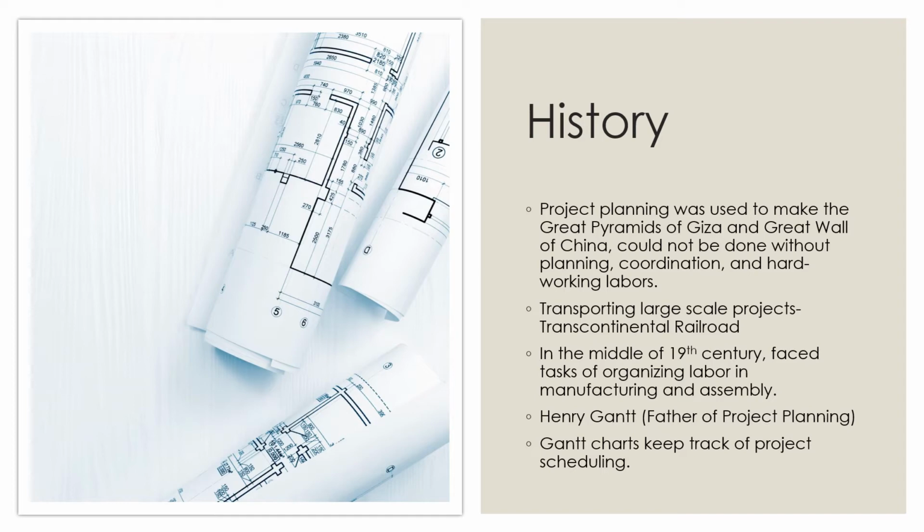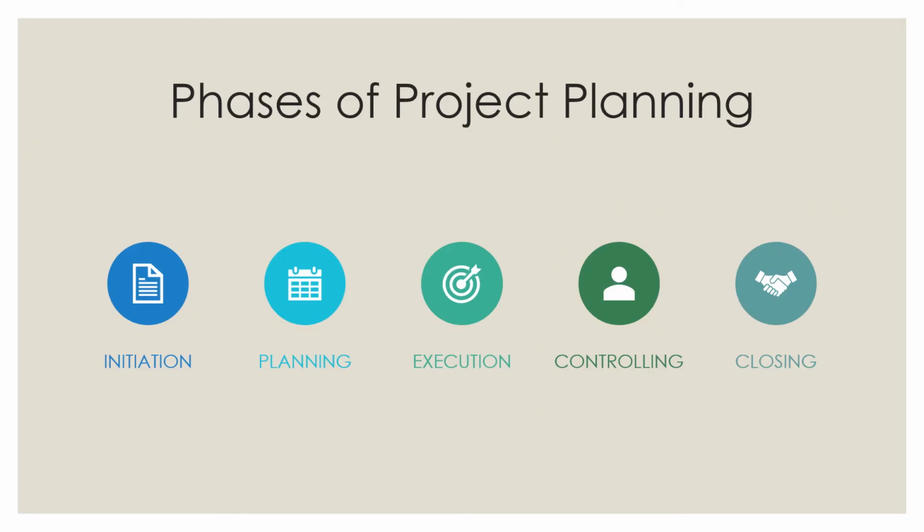He's best known for creating his self-named scheduling diagram, the Gantt chart, and it was a radical idea and innovation of worldwide importance back in the 1920s. So yeah, that was the history of project planning.